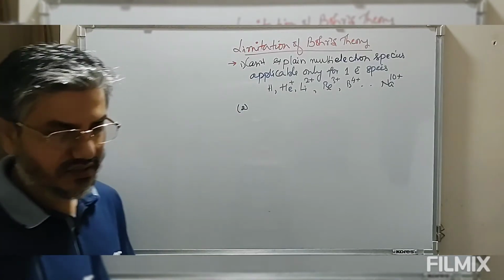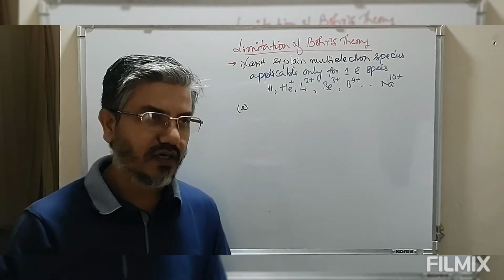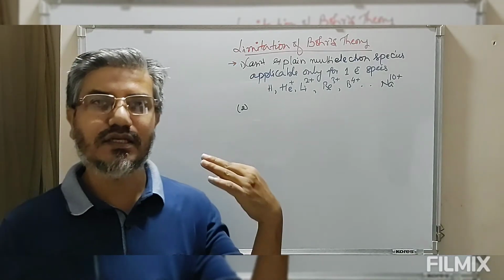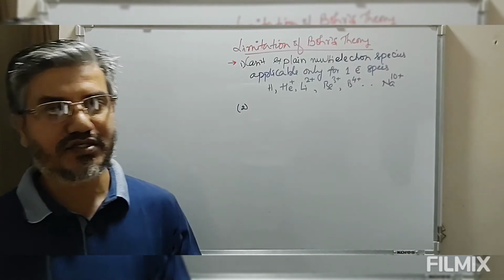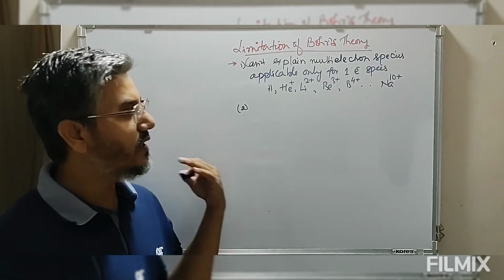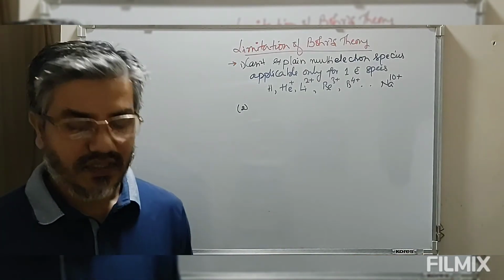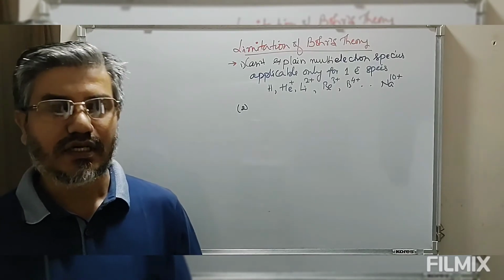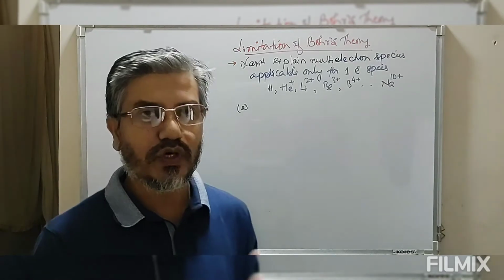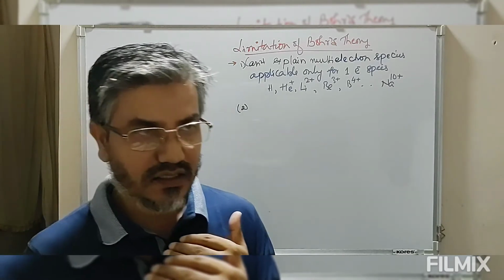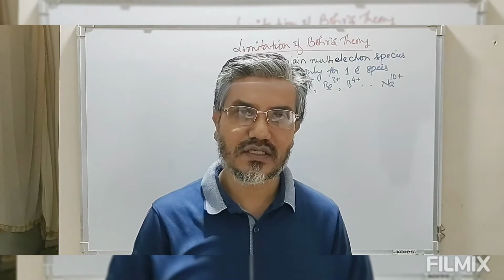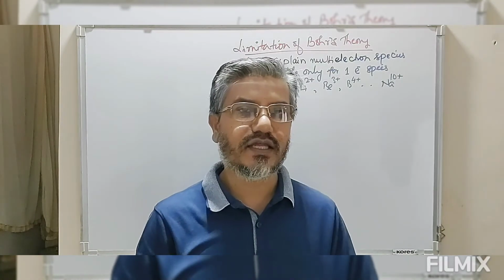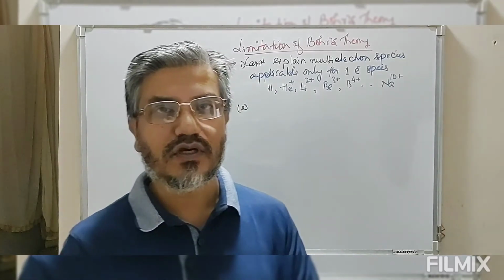The second demerit of Bohr's theory is that Bohr considered electrons as particles. Based on this particle nature of the electron, he explained all the phenomena. But later it was found that the electron shows dual properties, that is, the wave nature as well as the particle nature. So those demerits can be explained by using the wave nature.